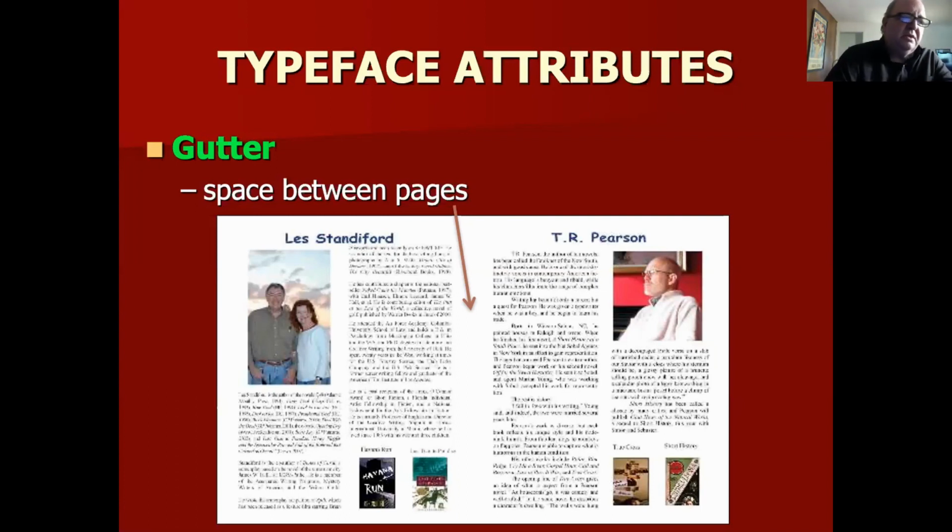You've got to turn the page, tilt the page a little bit to see it. So depending on the type of binding you have on a book or magazine, they'll add enough space so that you don't tend to lose part of that text, because you get really tired of having to dive down into the gutter to read the text. They try not to put much text in the gutter.